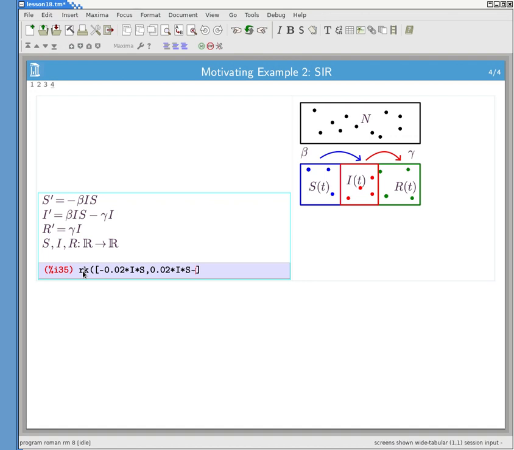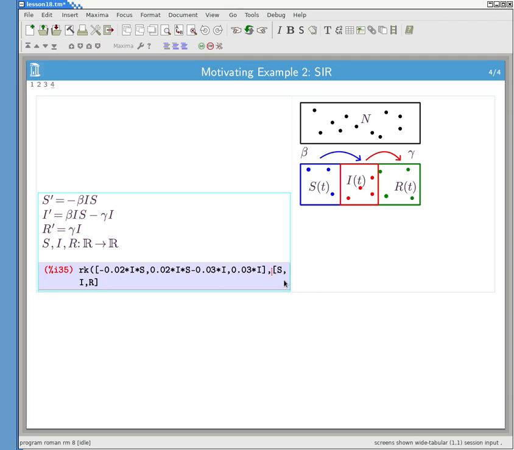We'll assume that the recovery is 0.03. That gets multiplied with I. And the final equation is just 0.03 times I. These rates of change are going to be used in order to find the time evolution of the variables S, I, and R.